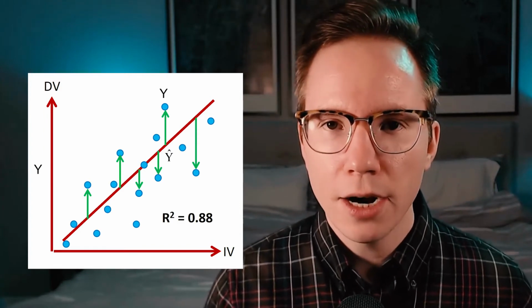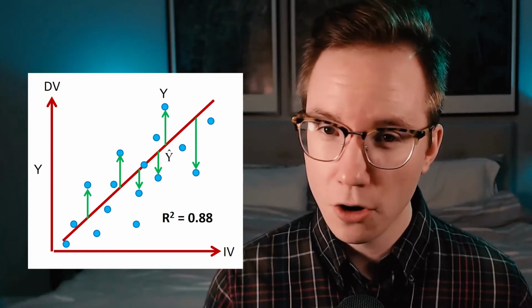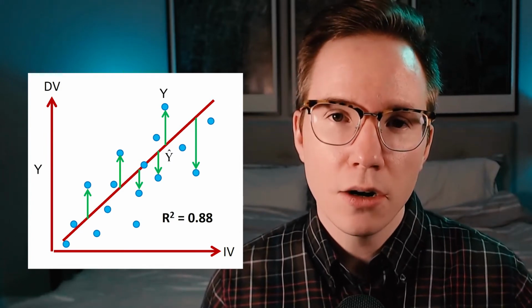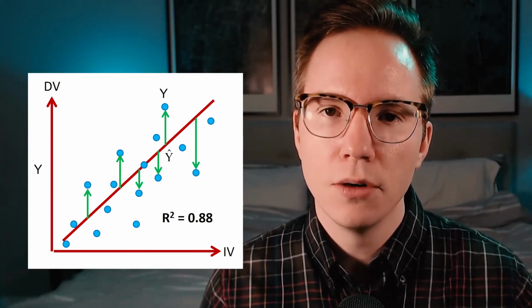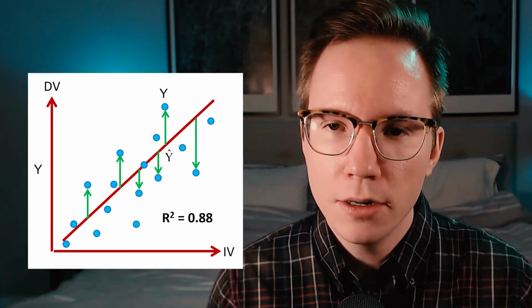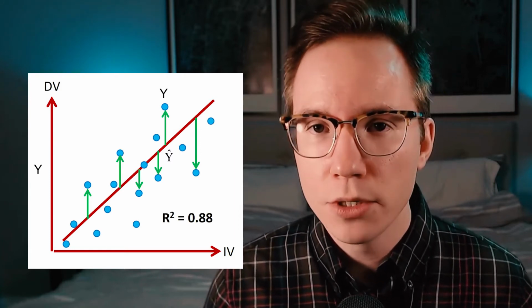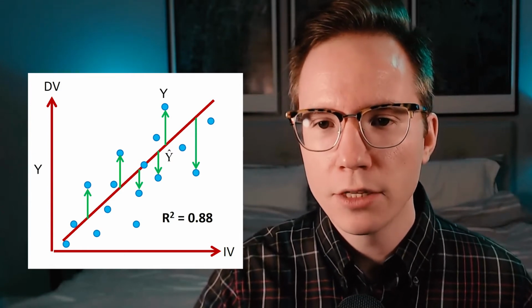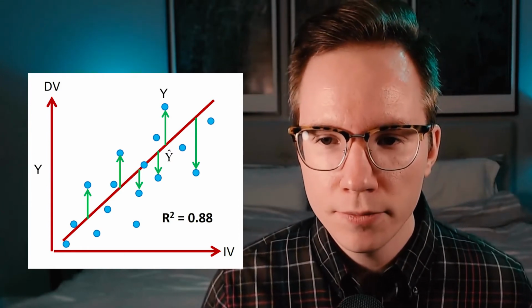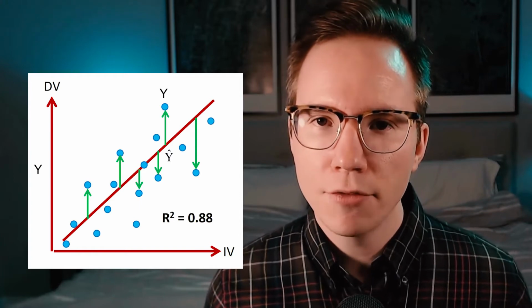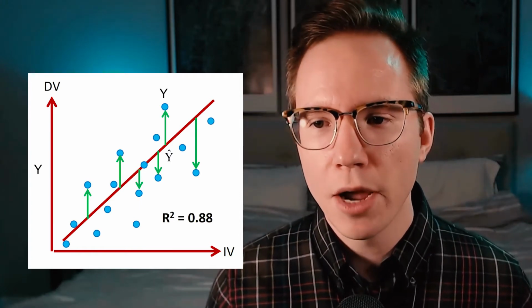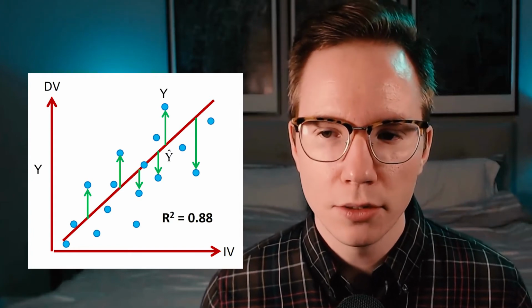And the green arrows, which are not shown for every single point because it would be confusing, are indicative of the residual or error between the actual observed point and the line of best fit. So the line of best fit is our regression model, and it's trying to take an average or trying to reduce the amount of error in the model.